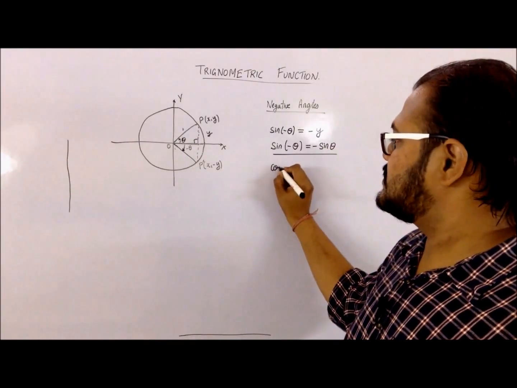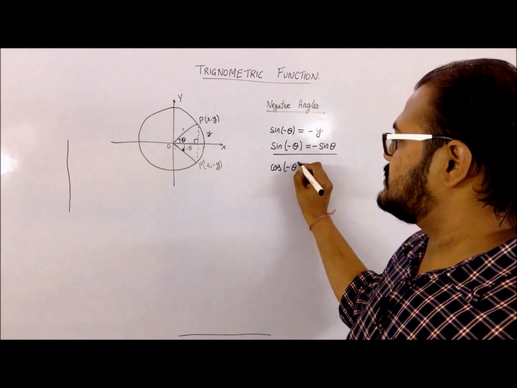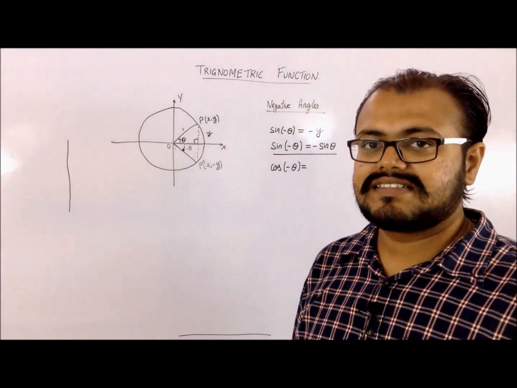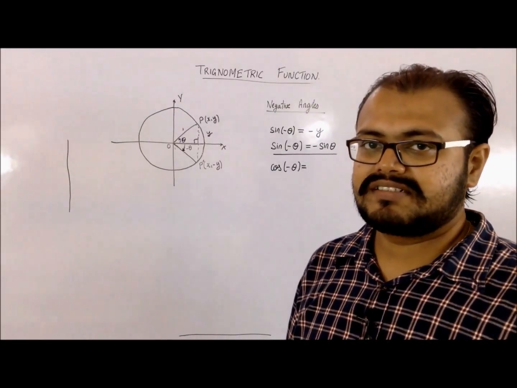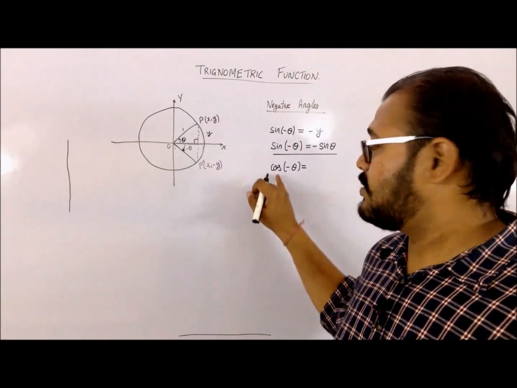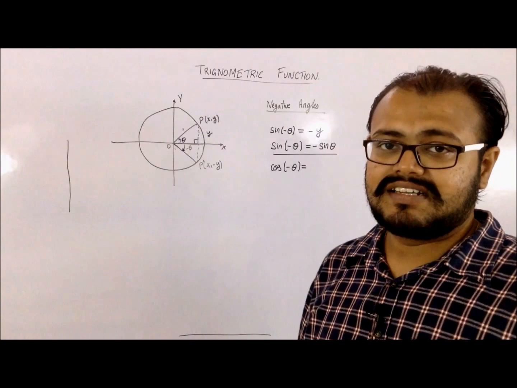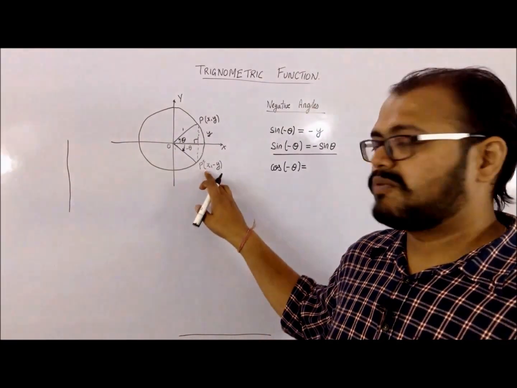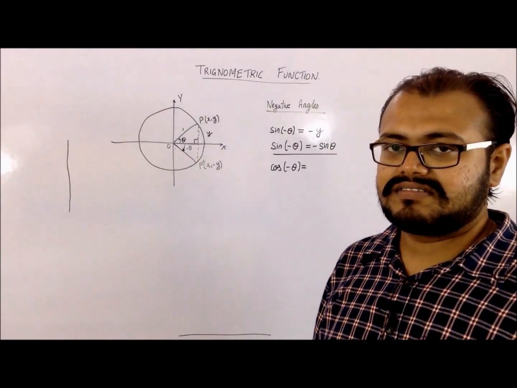The second relation is for my cos of minus theta. So cos, as you can recollect, is the x coordinate of the point on the circle. That is, cos of an angle will be the x coordinate of the point which is lying on the circle.